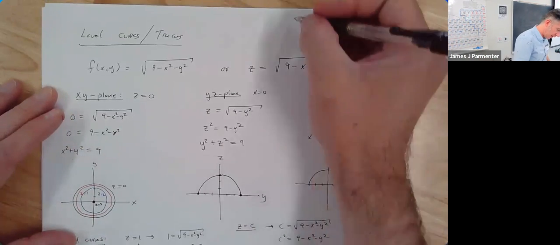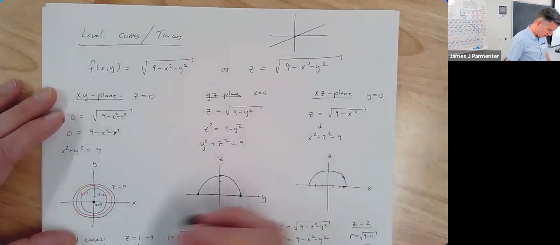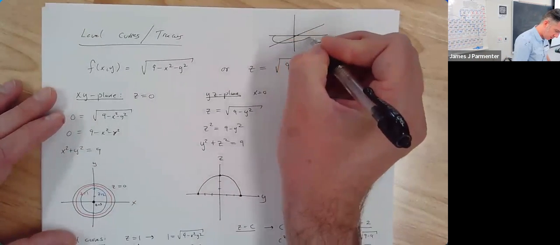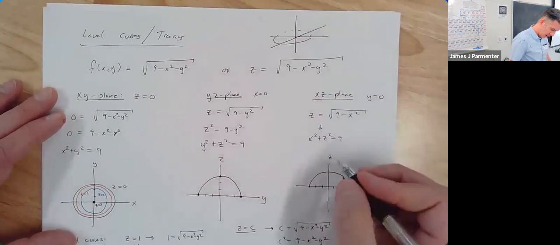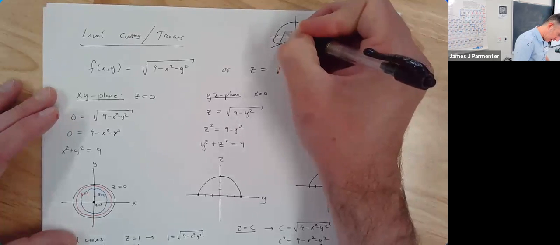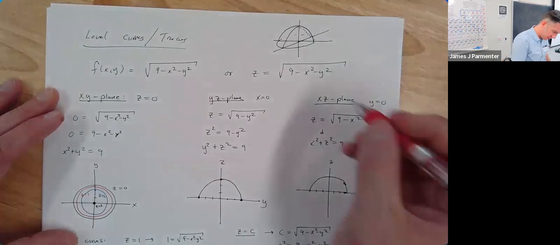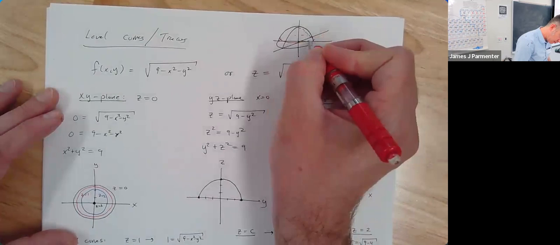So putting all these things together, you could maybe graph it. Say, well, the bottom is going to be this circle. And then I've got these traces that look like this and like this. And then you can also draw these level curves if you really, really want to.